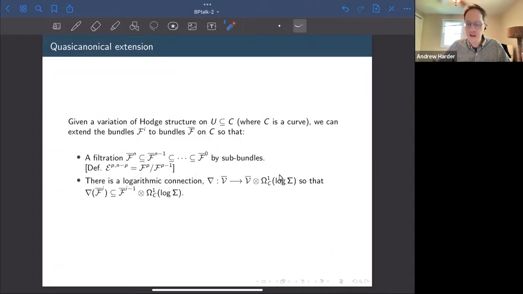We also extend the connection nabla to a logarithmic connection on all of C. This is all guaranteed to us by Doran, and done in a nice way, and it tells you how this Hodge data extends. These are important players in what I have to say later on, so I thought it was important to say a little bit about this.